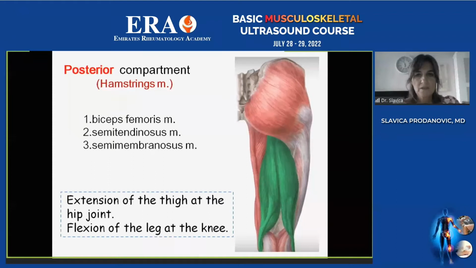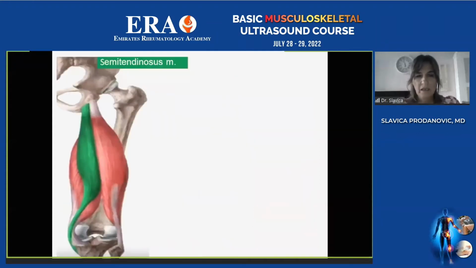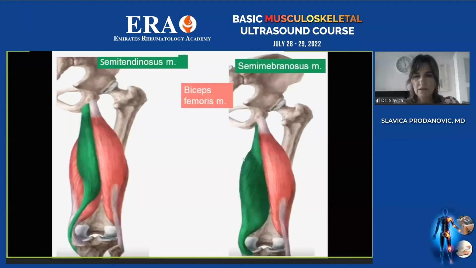All those muscles provide extension of the thigh at the hip joint and flexion of the leg at the level of the knee as well. This is biceps femoris with caput mediale and caput laterale. This is the semitendinosus muscle, and this is the semimembranosus muscle, more superficial.